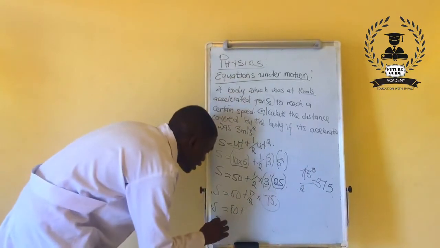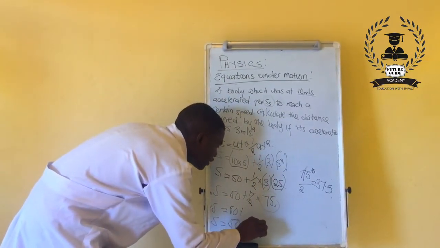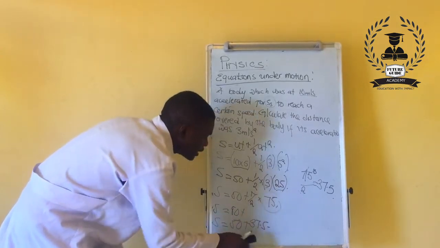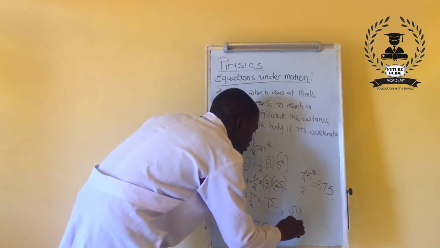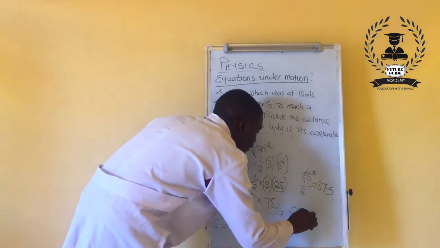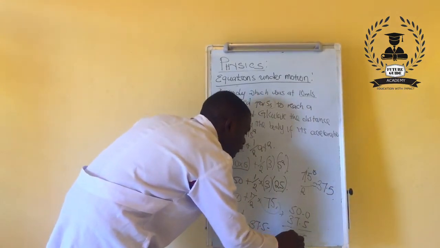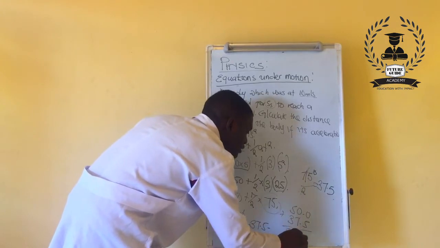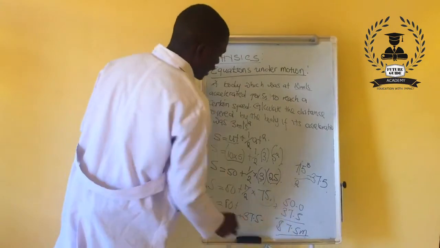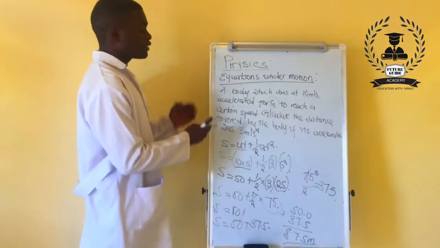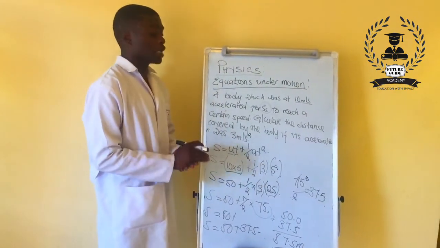So s is equal to 50 plus 37.5, which is 87.5 meters. That is our distance.